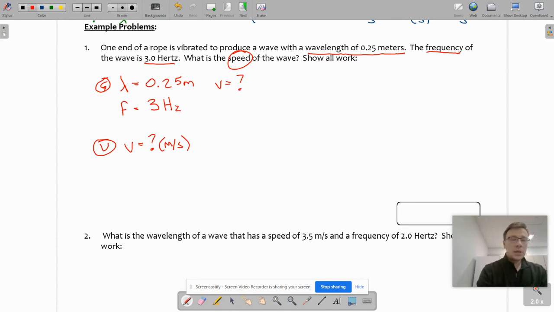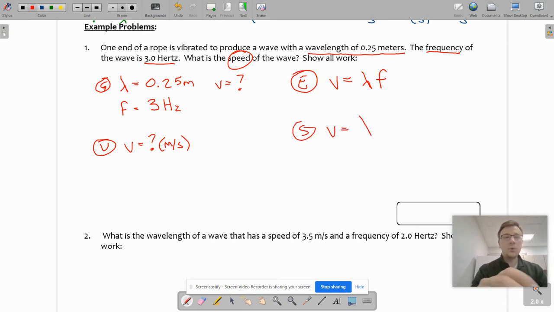Okay. So for our equation here, wave speed is equal to wavelength times the frequency of the wave. Our substitute step here, wave speed is equal to 0.25 meters times 3 hertz.